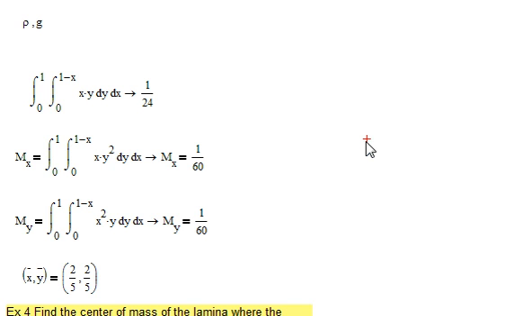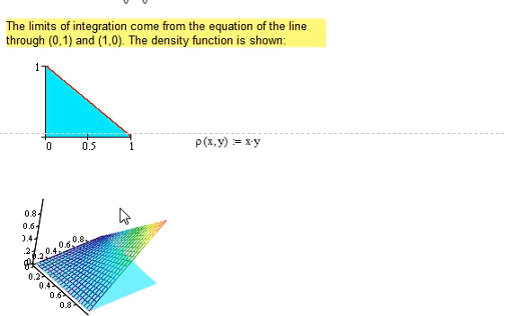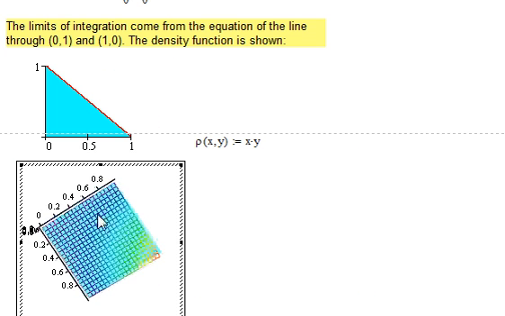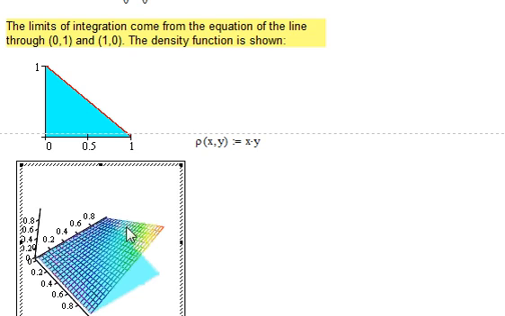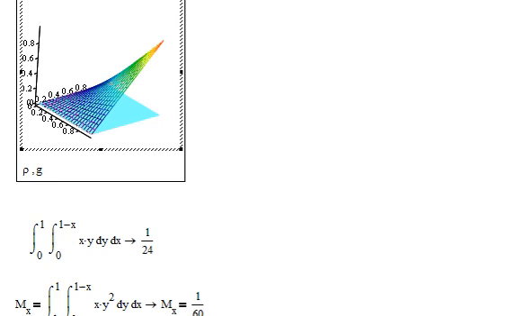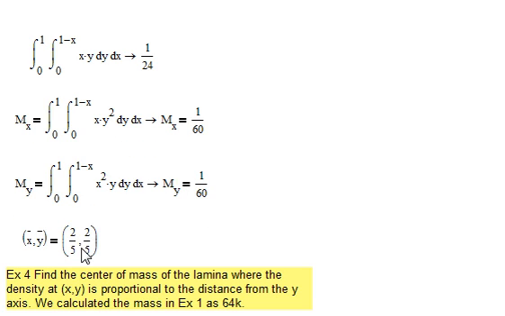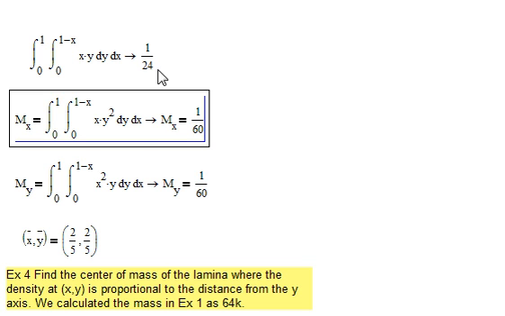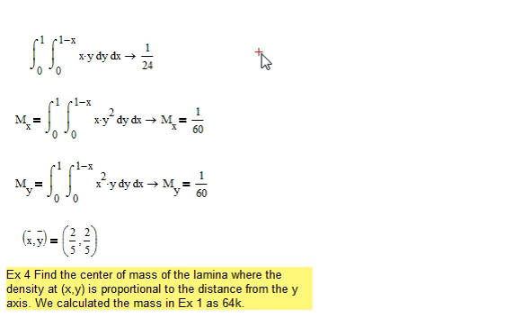I really didn't need to do that because if you look at our density function, it is symmetric, so I probably could have guessed that. So then what is our centroid? The centroid is the point where x is 2/5 and y is 2/5, because I put 1/60 over 1/24.